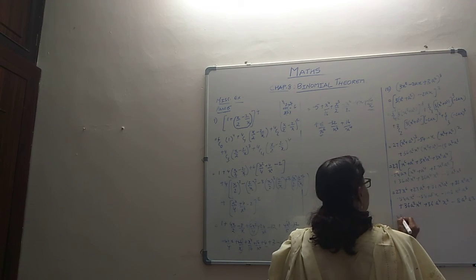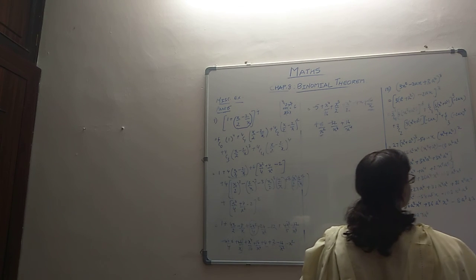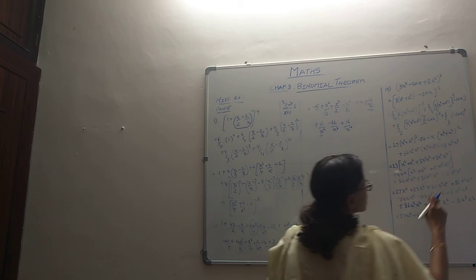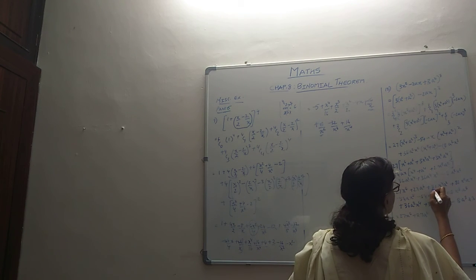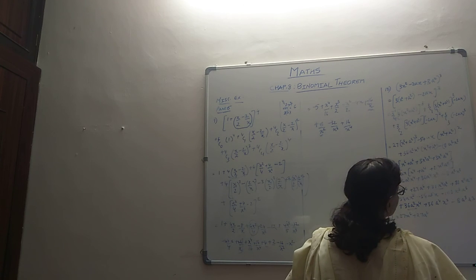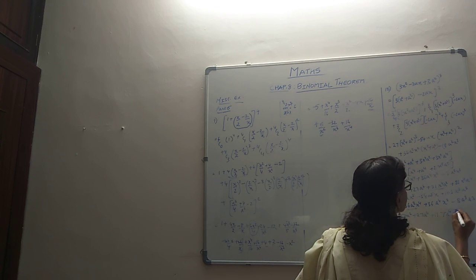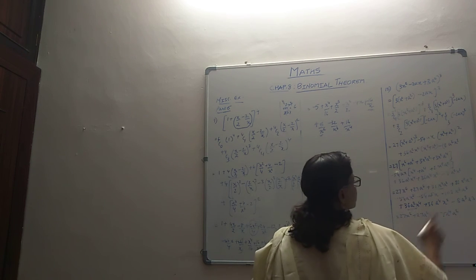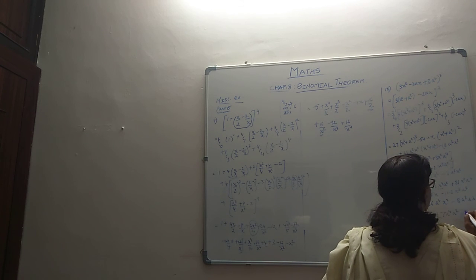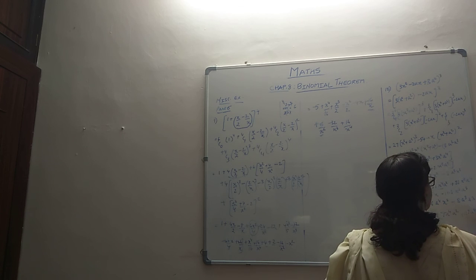Okay, 27 x raised to 6 and 27 a raised to 6 don't have company, so they will come as they are. But let's check the others. So 81 plus 36 makes 117 x raised to 4 a squared. In the same way, if you add these two, 117 a raised to 4 x squared.